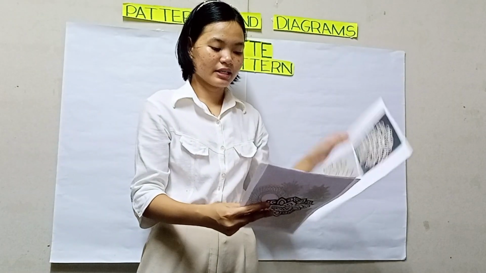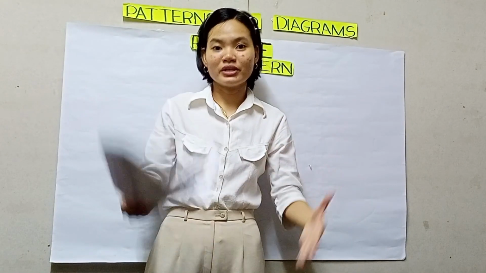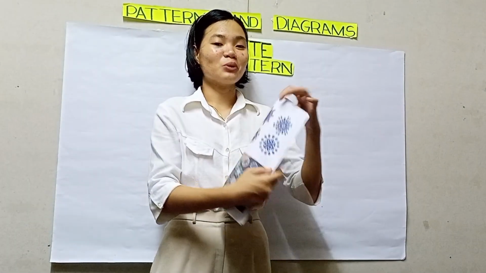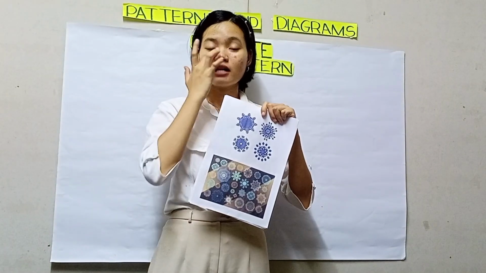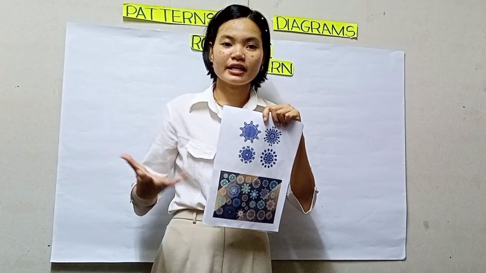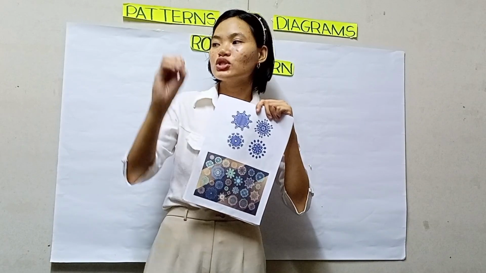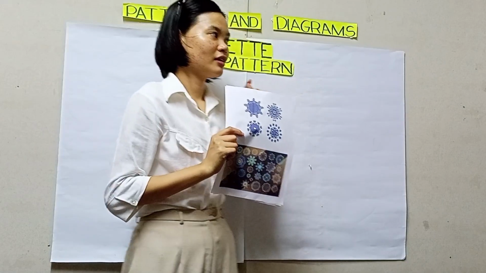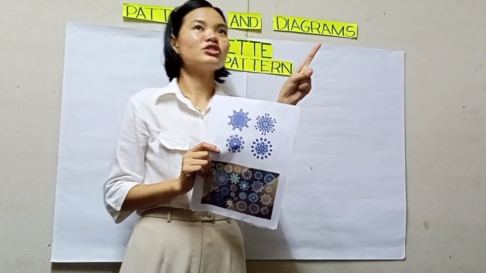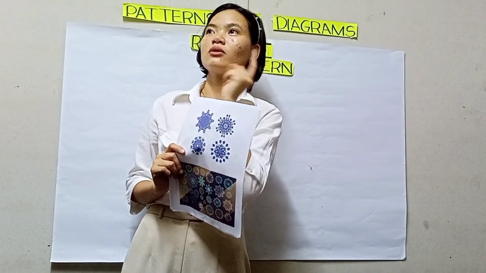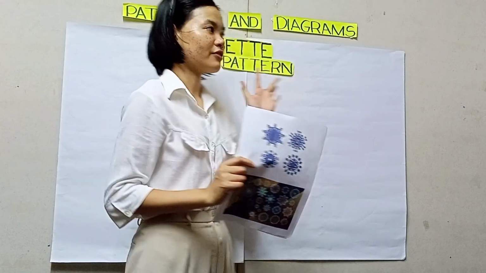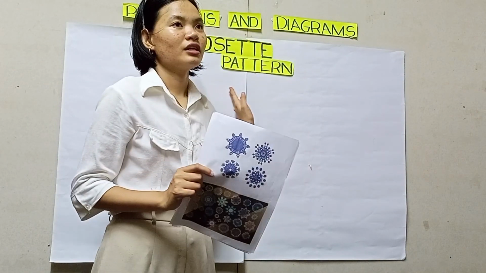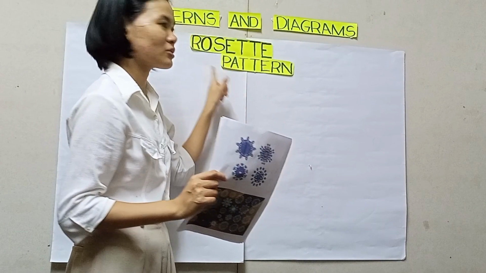Next one that we have in here is also commonly found in nature. It is the snowflakes. So fun fact, each pattern of snowflakes is unique. Each snowflake has distinct patterns, and therefore each snowflake is a Rosette pattern.